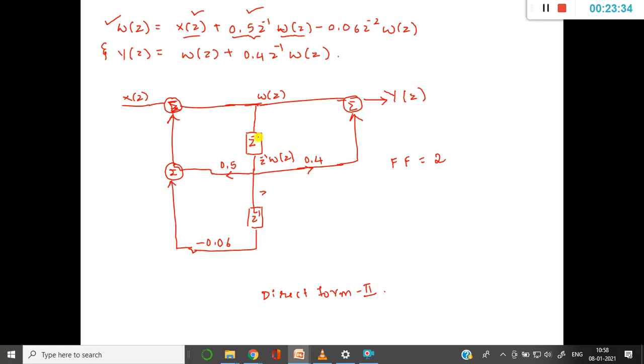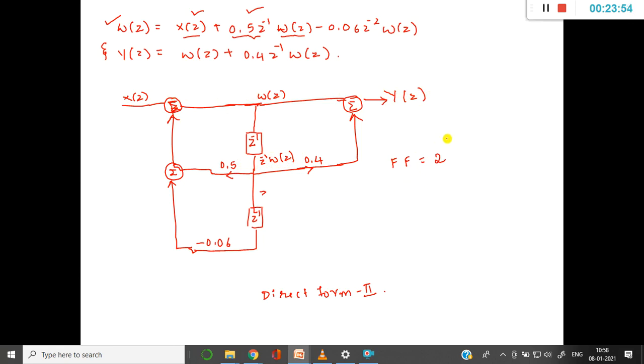The moment you generate the delay at the first flip-flop, you multiply by 0.4 once and 0.5 once, so that at a stretch you are computing two values in parallel and getting the W(z) as well as Y(z) values.